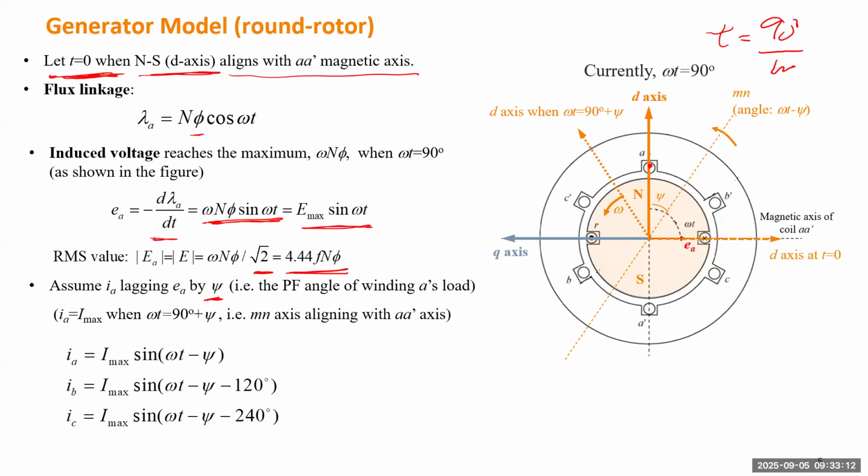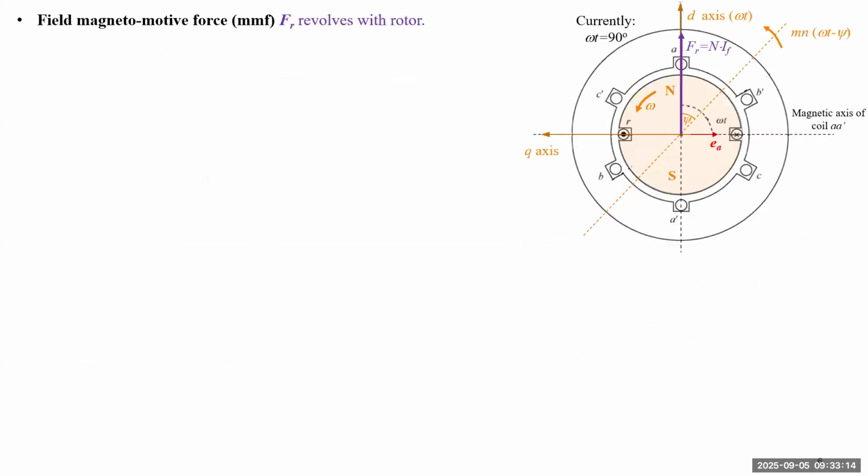Any questions? All right. This slide is very busy because I want to integrate everything into the same slide to help you understand the key part of modeling, which is how to determine the phasor for the induced voltage EA.